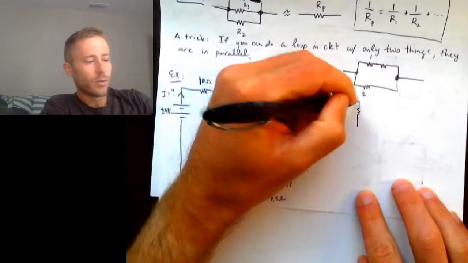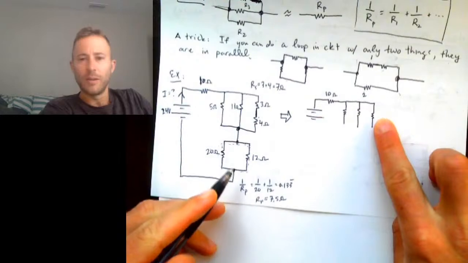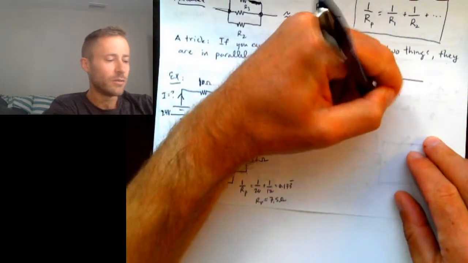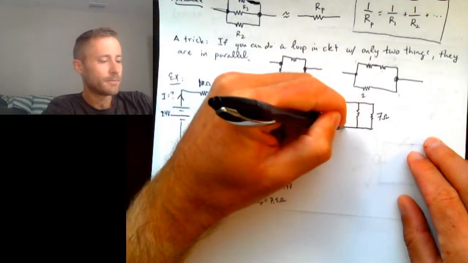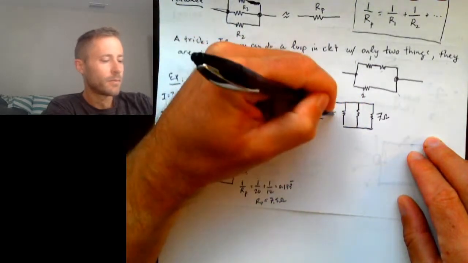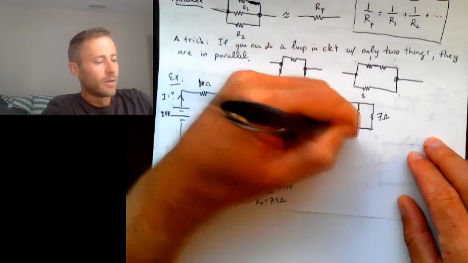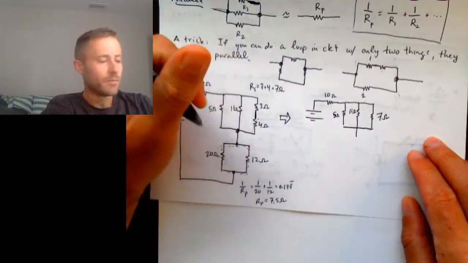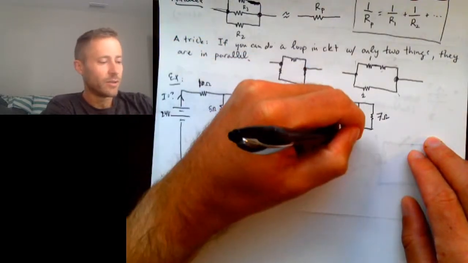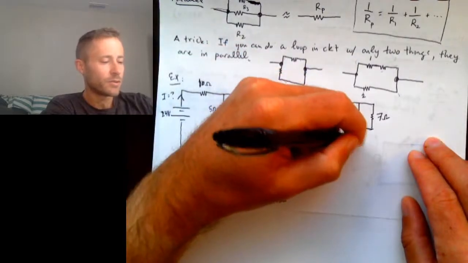So again, where there were two resistors here, I am now drawing them as one, as a single 7 ohm resistor. And then whereas there were two, I am now combining them to make a single 7.5 ohm resistor.